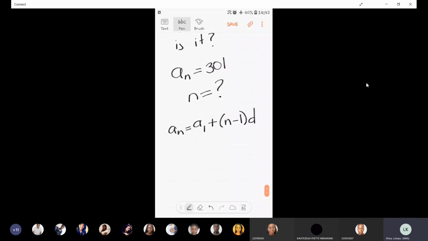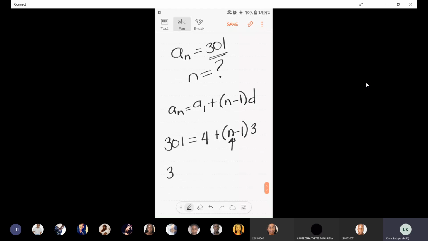So I will substitute. a_n is 301. There it's given to us. a_1, the first term in the sequence, if you look at it, it's 4. And then I have n minus 1. And then my common difference is 3. So n is what I am trying to work out, because I want to find out what number does 301 come in the sequence.